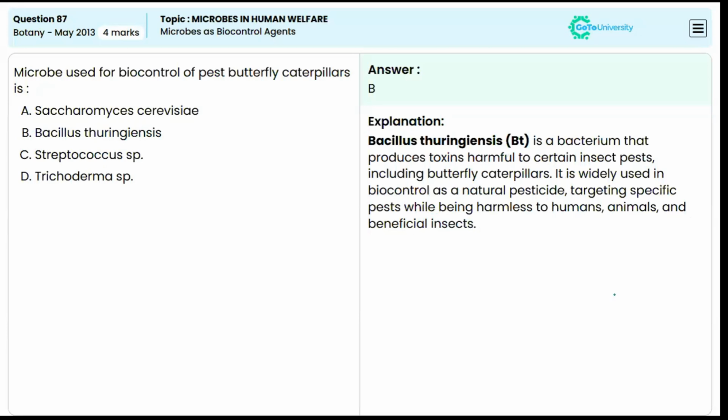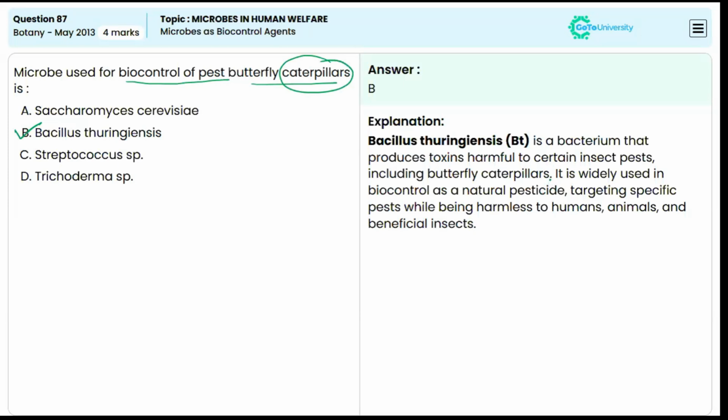Moving to the next question. Microbe used for biocontrol of pests, that is butterfly caterpillars, which is among these? The answer is option B, Bacillus thuringiensis. This is BT, we know BT cotton, right? In the BT cotton, we have the caterpillars which are acting like a pest.